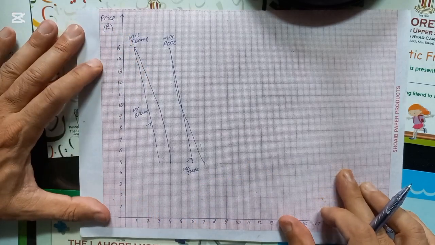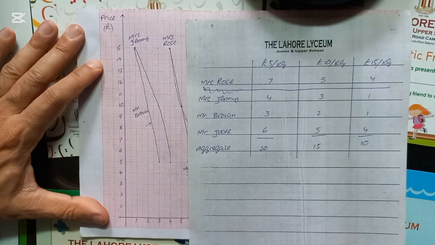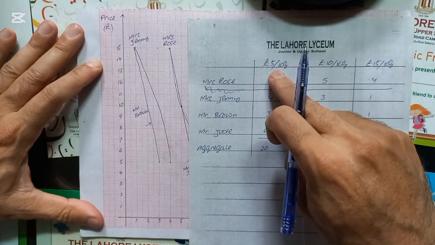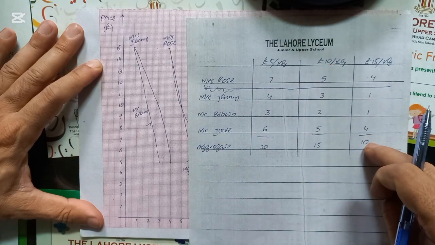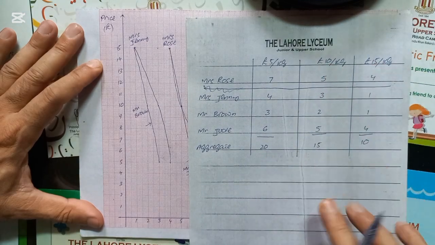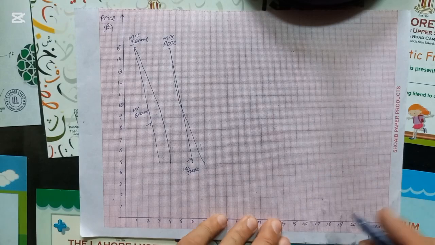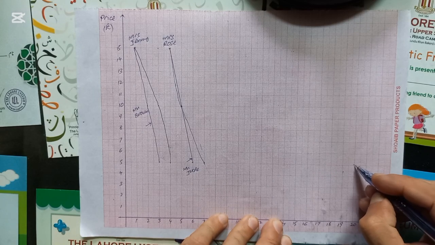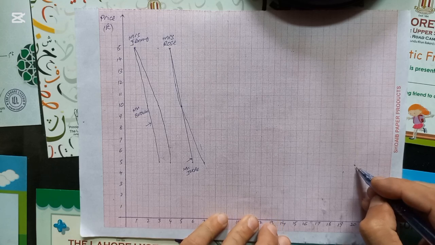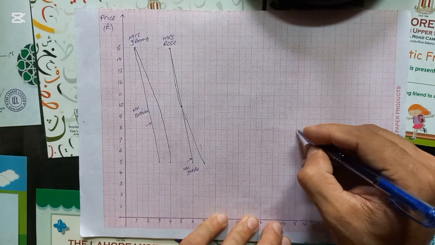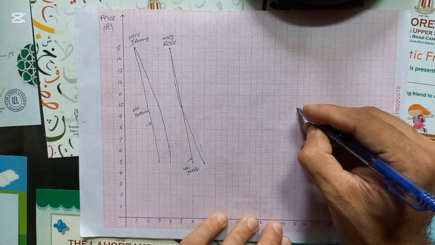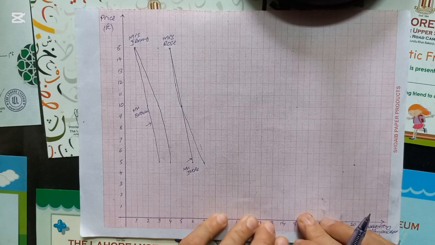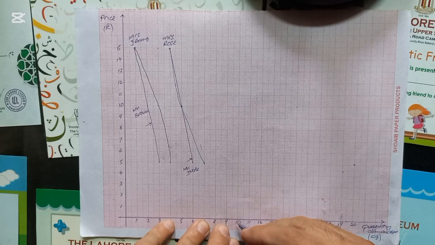And finally, we are going to draw the aggregate demand, that is 20, 15, and 10. 20 is demanded at 5, 15 at 10, and 10 at 15. So here is 20 that is demanded at 5, 15 that is demanded at 10, and finally 10 that is demanded at 15.